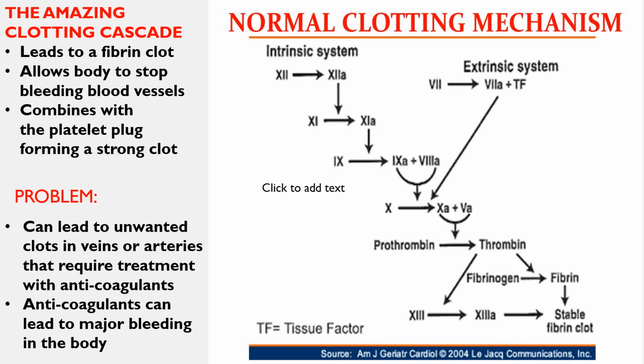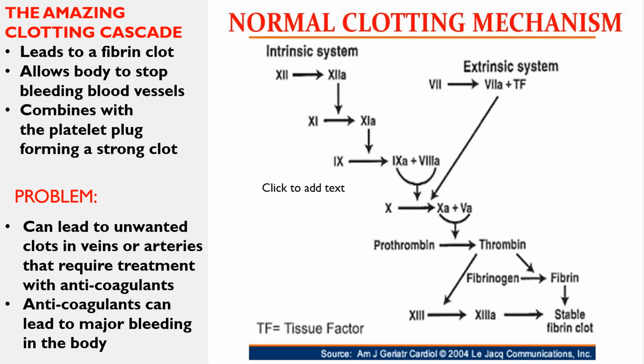So that's why this is an amazing system. So what's the first system that comes in to plug the bleeding hole? The platelets, forming the platelet plug. What's the next system that comes in? The clotting cascade, forming a very strong fibrin mesh.